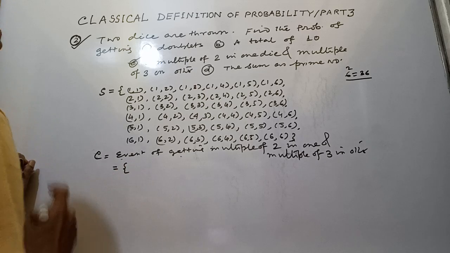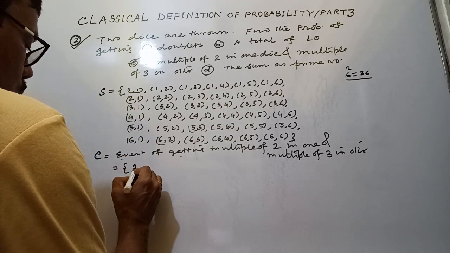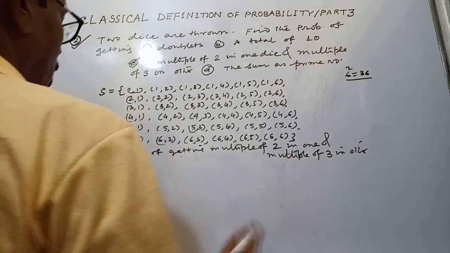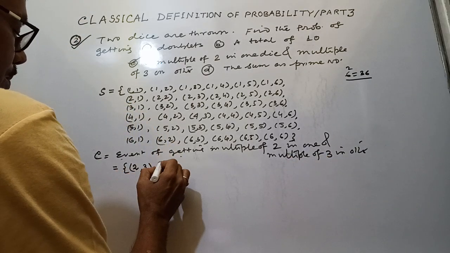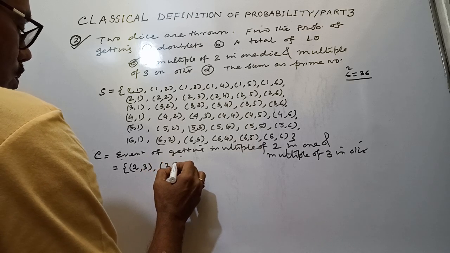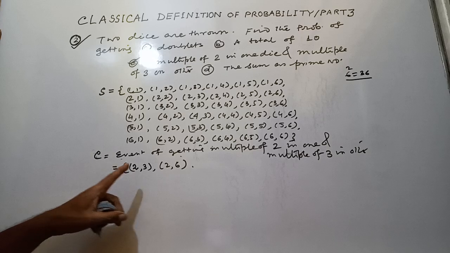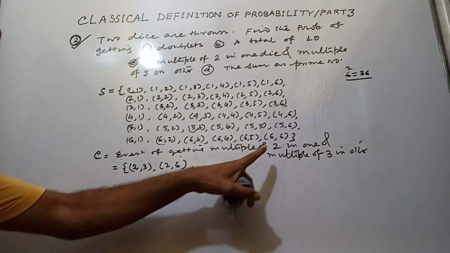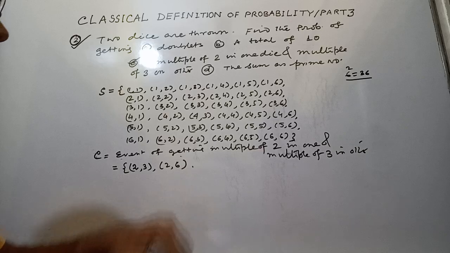So if it starts with 2 and the other is a multiple of 3, we get 2-3 and 2-6.